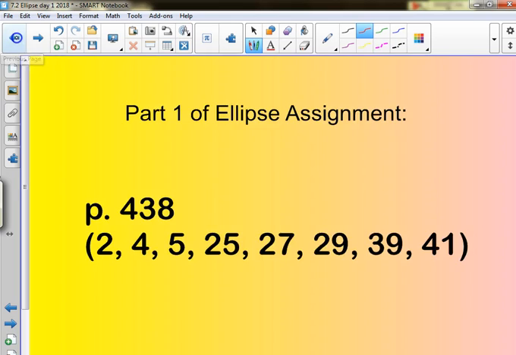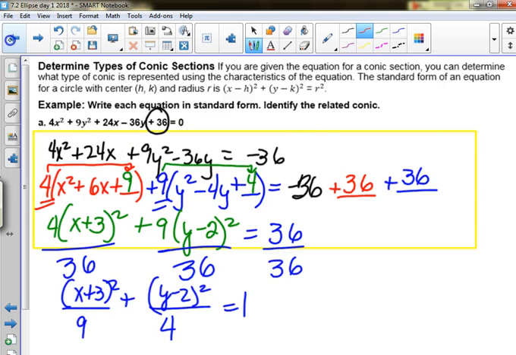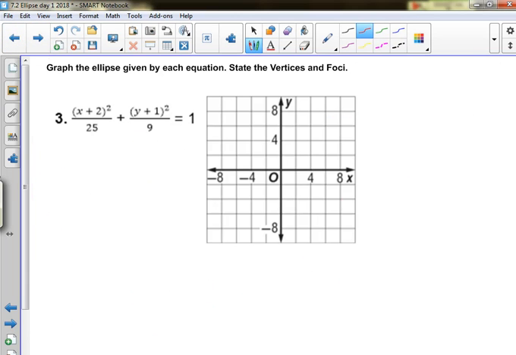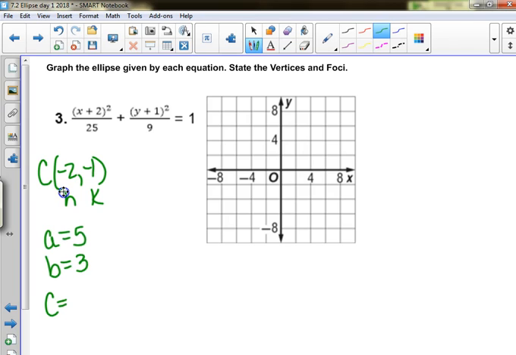All right, I've got a couple minutes, so I'm going to go back and do one more graphing one, because I feel like we didn't do quite enough of those maybe for some people. The center here would be at negative 2, negative 1. That's h and k. a would be 5, b would be 3, and c would be the square root of 25 minus 9, which is square root of 16 or 4. So negative 2, negative 1 is down here. 5 units, which way?